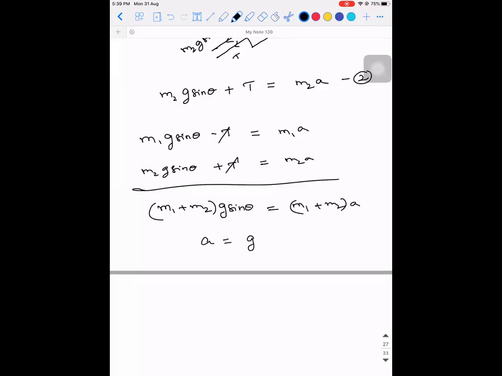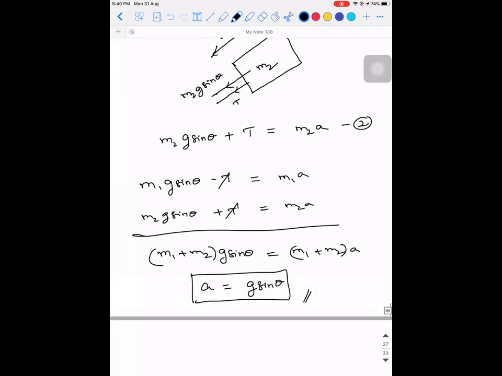So acceleration will be g sine theta. Is it clear? Do you remember this g sine theta? You got it when you had only one block also. Here you are getting the same g sine theta when you have two blocks connected with the help of a string also.